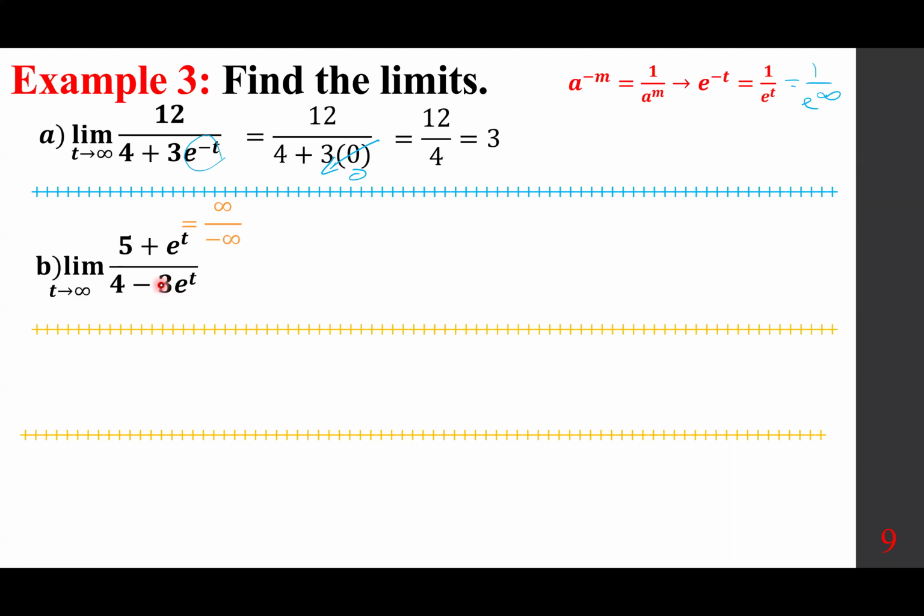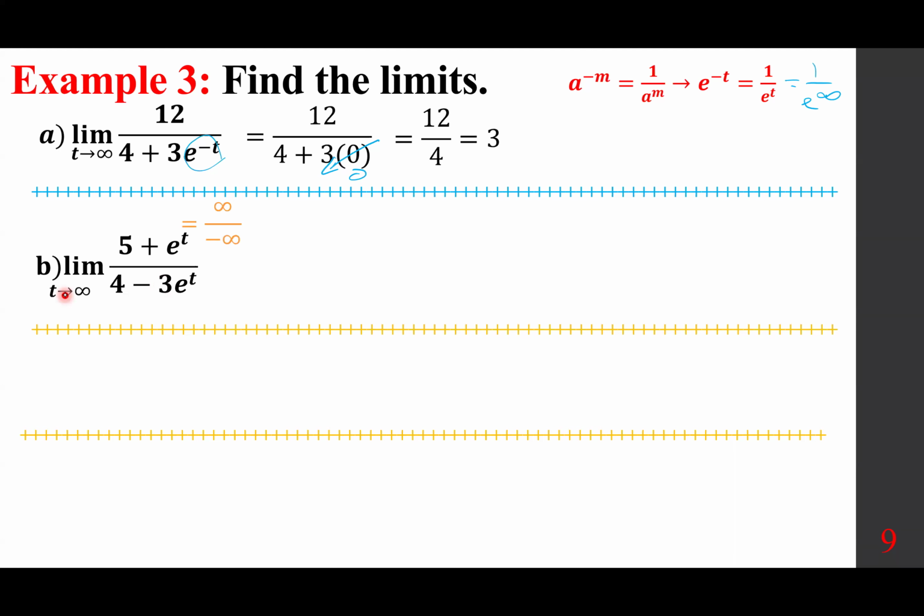So what is the technique we can use here? As you recall, in the case of a rational expression, when the variable is approaching infinity, we would divide by the highest degree term in the denominator.